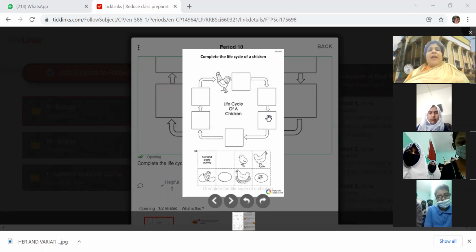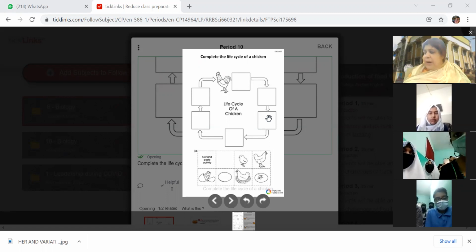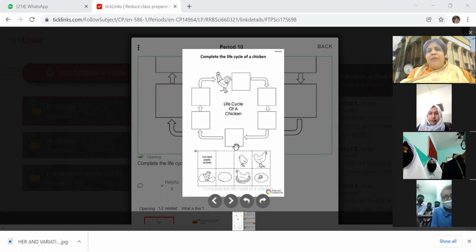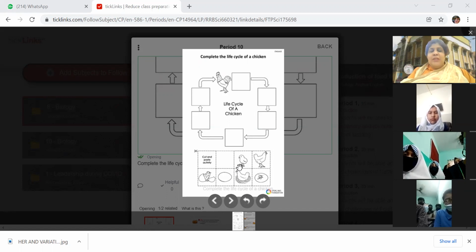Then after egg, what happens? What will be the fourth picture? Yes? Pardon? The egg cracks. After egg, the egg cracks. No, before that, the hen has to sit on this and give that particular temperature for 20-21 days.